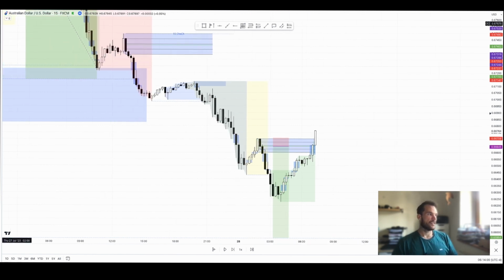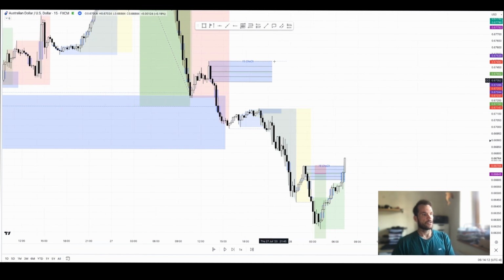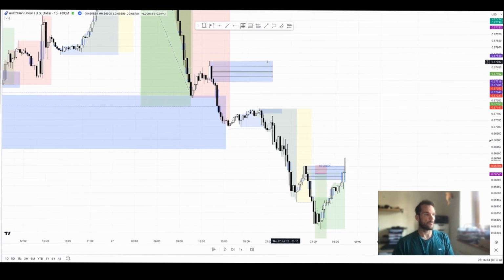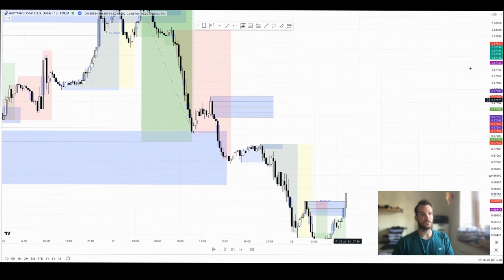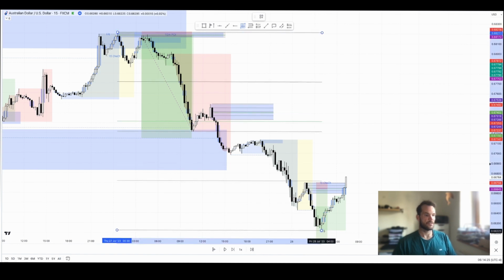We've got a CHoCH here. We've swept some lows. I'm not that excited about going long here. We've reclaimed a 4-hour point of interest. I guess I can delete this CHoCH. Let's have a look. If this is sitting in the discount zone, it's a huge 15-minute leg.